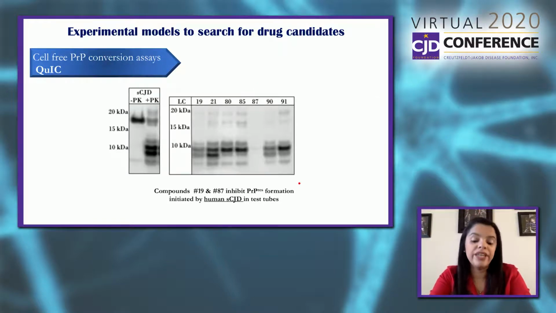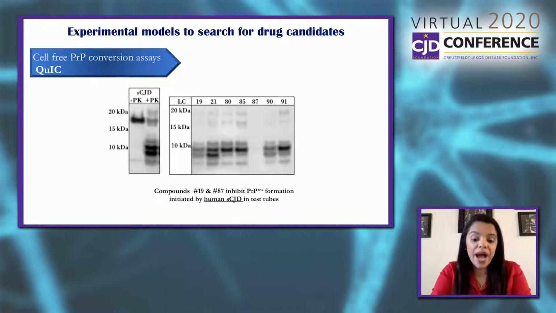And again, here I used a human CJD prion strain. But we have to keep in mind that this is a cell-free assay, and in a cellular environment, many other factors can interfere with the interaction of the PrPSc and PrPC.